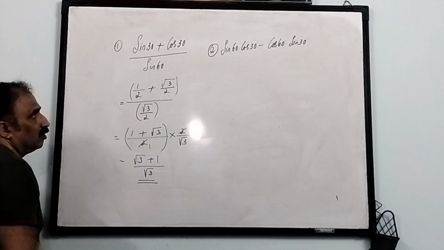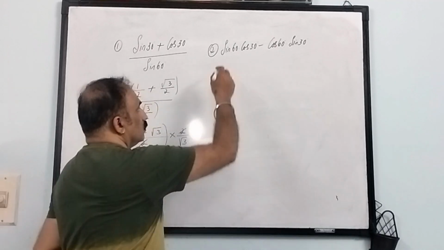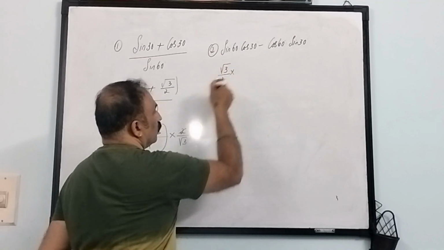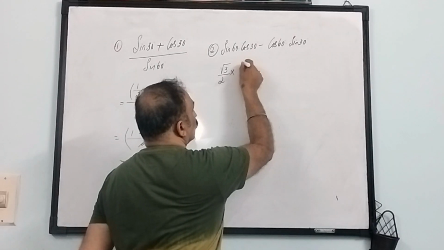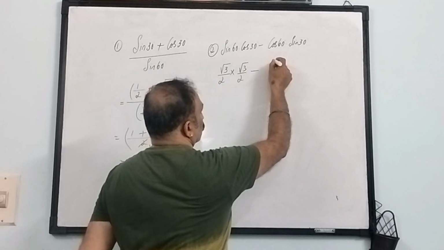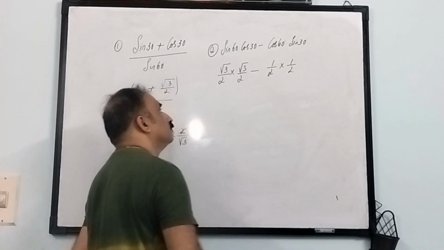In between, you have a minus sign, so you have two terms here. So sin 60 is root 3 by 2 into cos 30. Cos 30 is also root 3 by 2, minus cos 60, which is 1 by 2. Sin 30 is also 1 by 2.